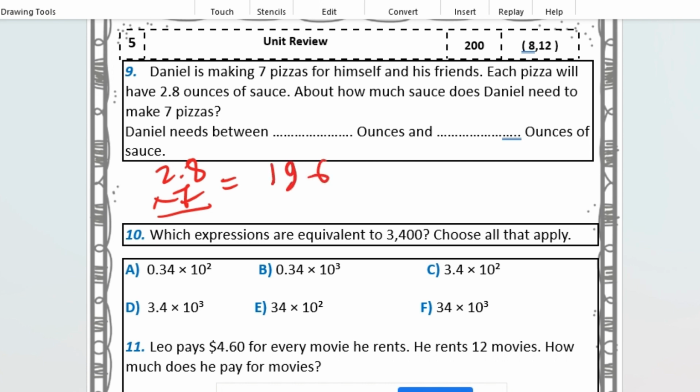And we have only 1 digit after the decimal, so it's 19.6 ounces. So Daniel needs 19.6 ounces of sauce.